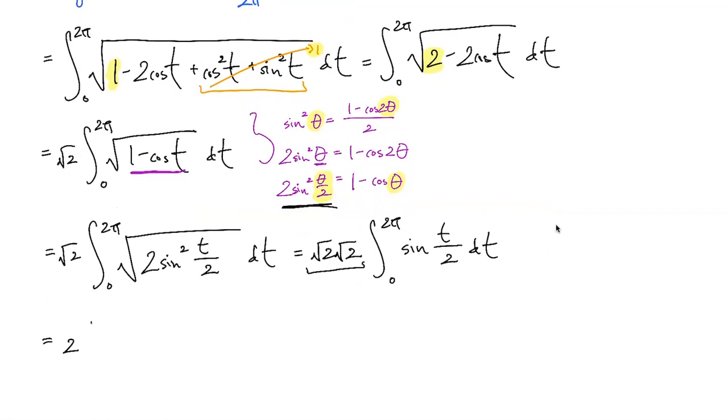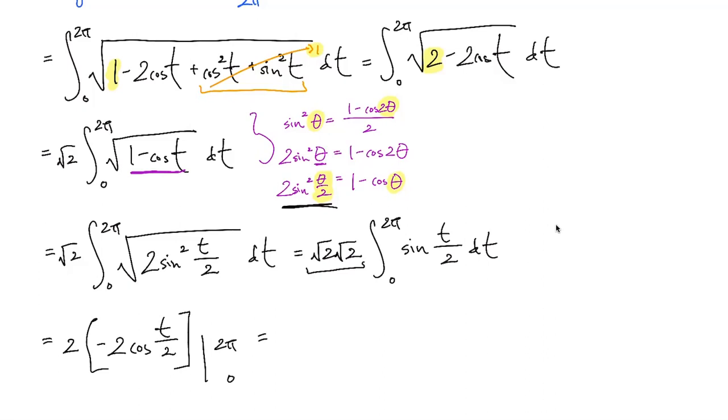What is the integral of sine t over 2? Negative 2 cosine t over 2? Yeah, negative 2, because of the u sub, cosine of t over 2. Good. And I'm going to plug in 2 pi, and I'm going to plug in 0. Sorry, I don't know why there's a lag today.